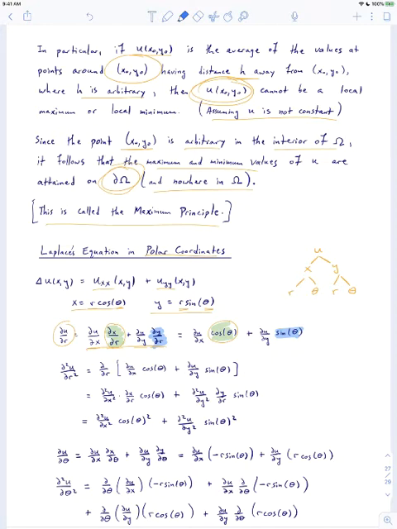So if we now want to compute the derivative of u with respect to r twice, so d squared u dr squared, that means we compute the derivative of the first derivative. So this is the first derivative right here, u sub r. Okay, so we want to compute the derivative of u sub r. And that's what we do in this line.